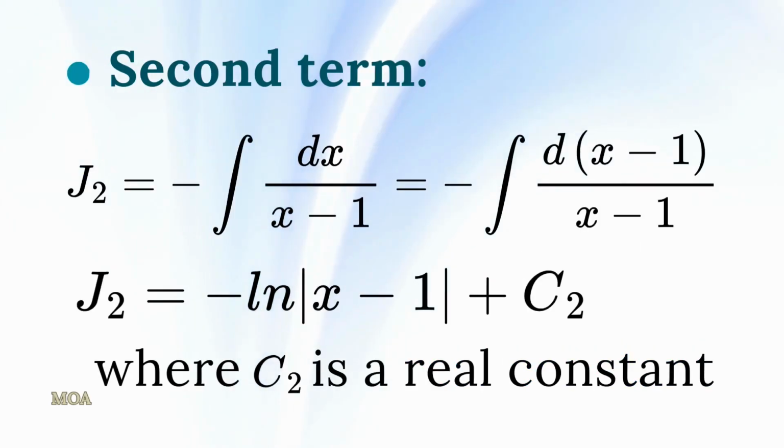Now, let us move to the second term, denoted J2, equals minus the integral of dx over x minus 1. This is equal to minus the natural logarithm of the absolute value of x minus 1, plus a real constant denoted c2.